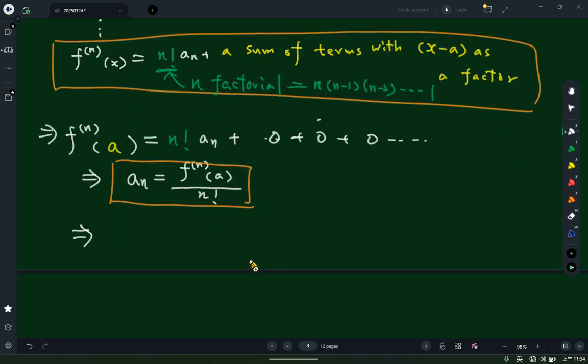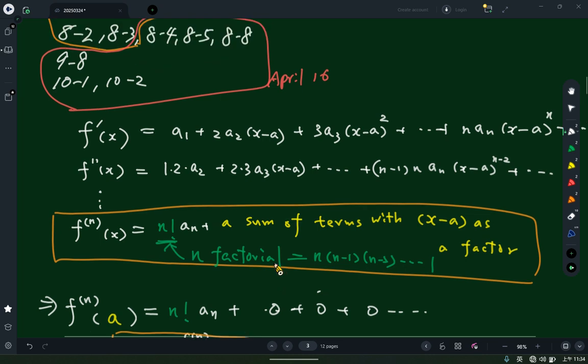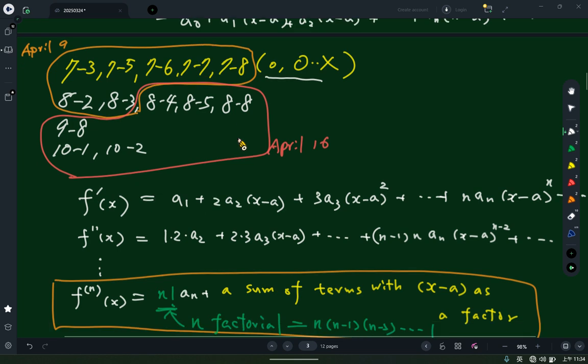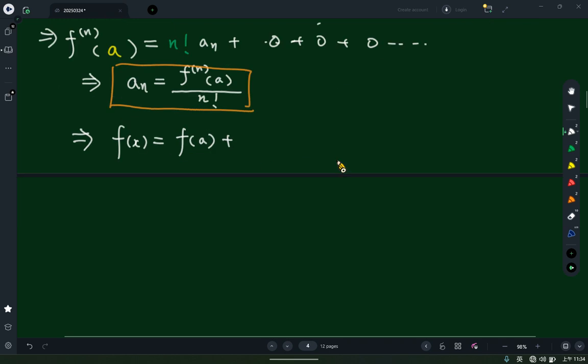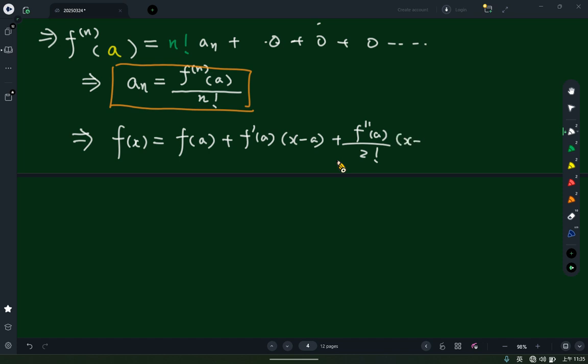If we can get this one, then we can get f of x is equal to f of a plus f prime of a times (x minus a) plus f double prime of a over 2 factorial times (x minus a) squared plus blah blah blah plus the nth derivative of f at a divided by n factorial times (x minus a) to the power n.